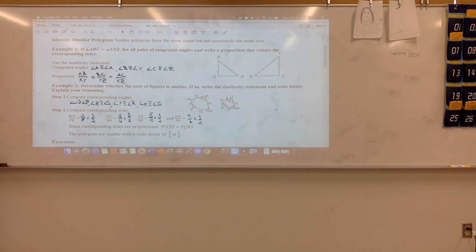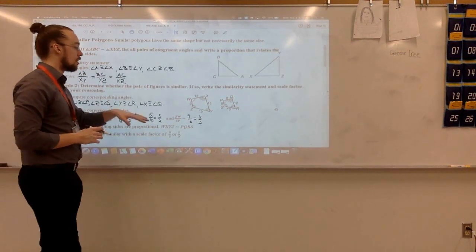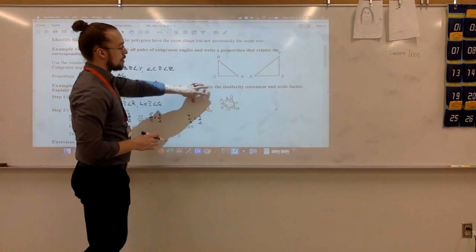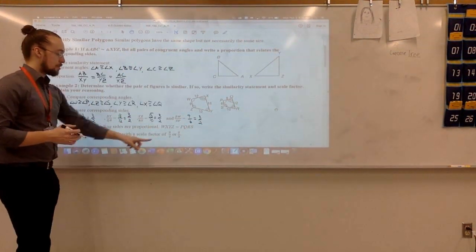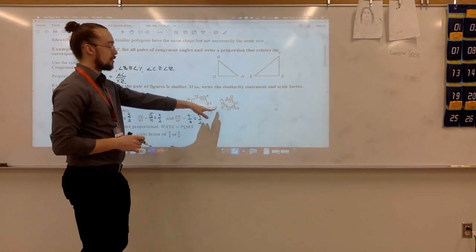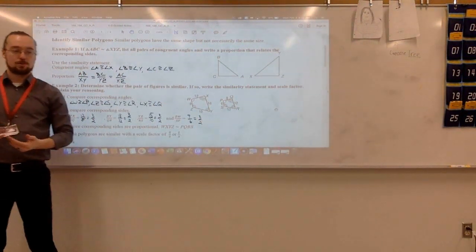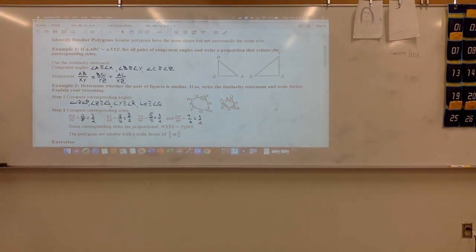And then we could say the scale factor, depending on which direction we're going. We could say the scale factor of WXYZ to PQRS is 3 over 2. Or if we go the other way, we could say the scale factor of PQRS to WXYZ is 2/3.